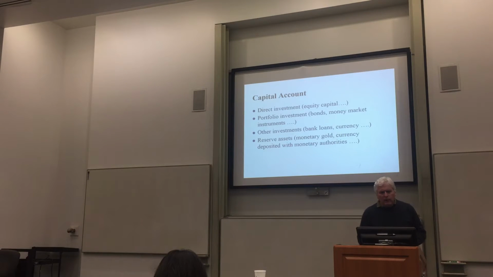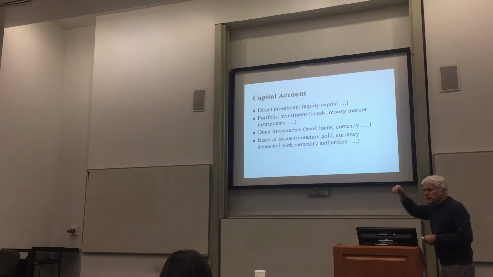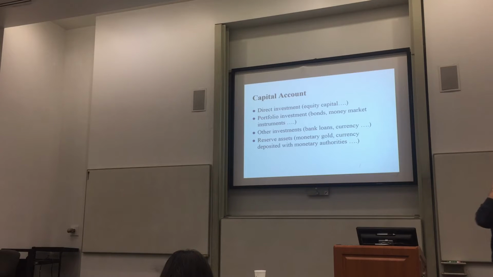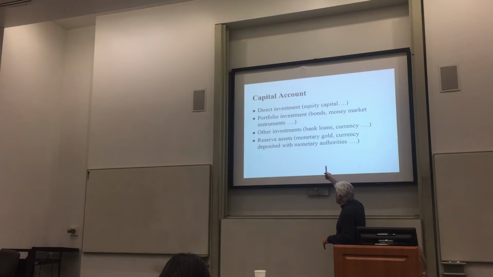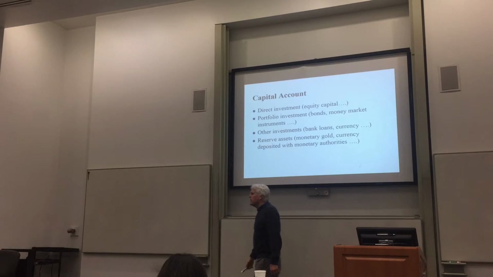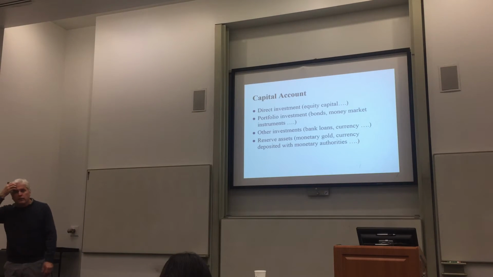Then the capital account includes all this stuff. Direct investment, things like the acquisition of plant and equipment, or controlling interests by the acquisition of equity, portfolio investment, which is just what the name says, portfolio investment in bonds, and then the capital account includes some other stuff like bank loans, trade credit, and importantly, at least in our treatment, you could put in the capital account all the reserve assets, the movement of reserve assets, like movement of gold and monetary reserves.